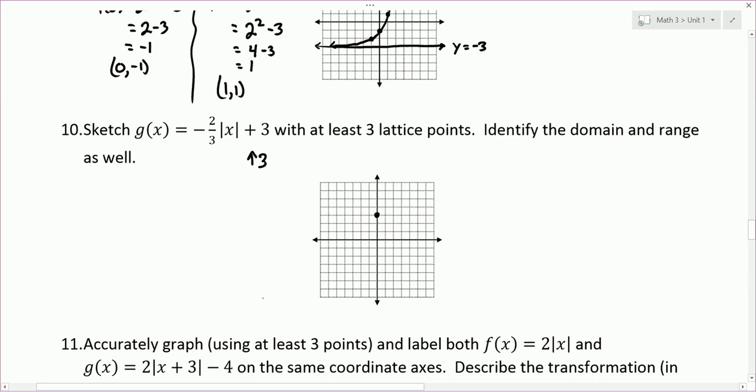It's a linear function, but it's an absolute value linear function. So we can use the idea of a slope. If we look at that -2/3, that's the slope of the right side of our V. And so it's negative, and so from our vertex, I'm going to drop 2 units and go right 3 units. That's the -2/3.